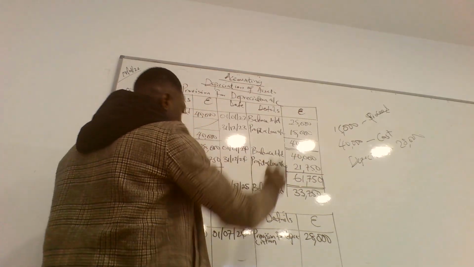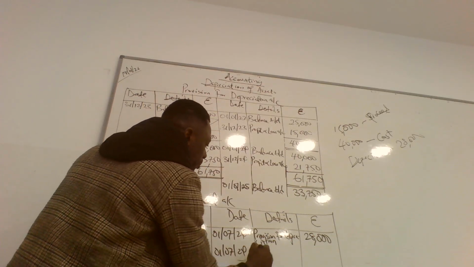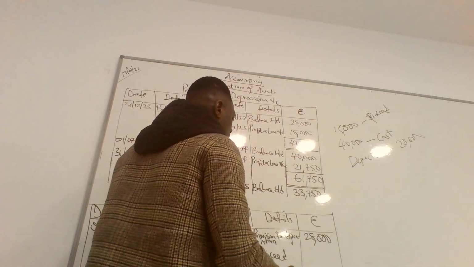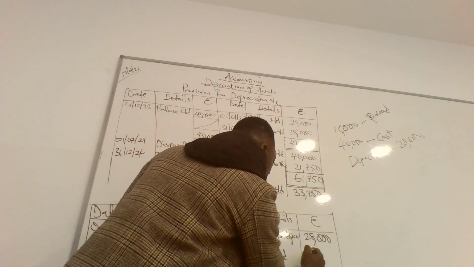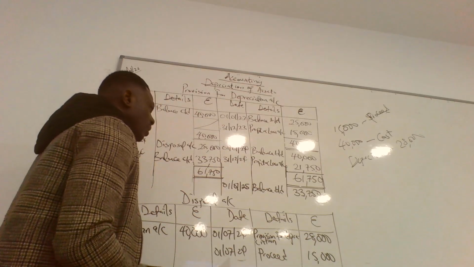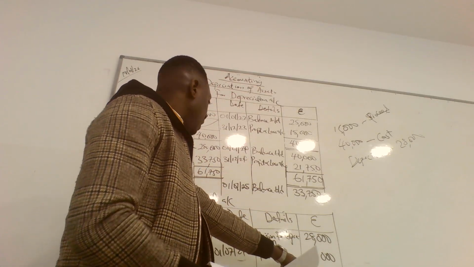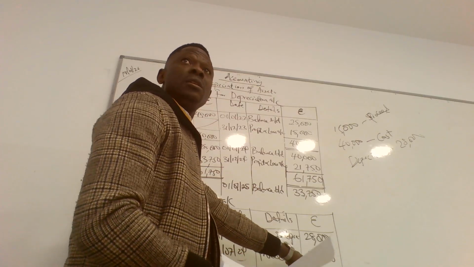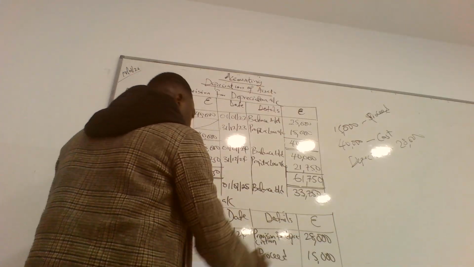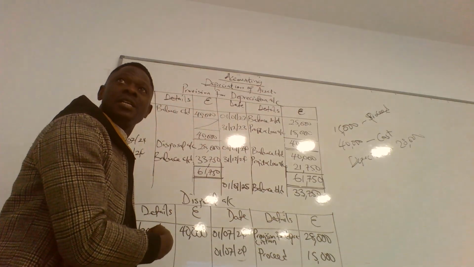The proceeds. How much did we sell it for? 17/2/24, proceeds. We sold it for 15,000. Yes or no? 28,000 plus 15,000 is how much? 43,000. So we sold it, and the total value here is 43,000. So we have the credit side greater than the debit side.